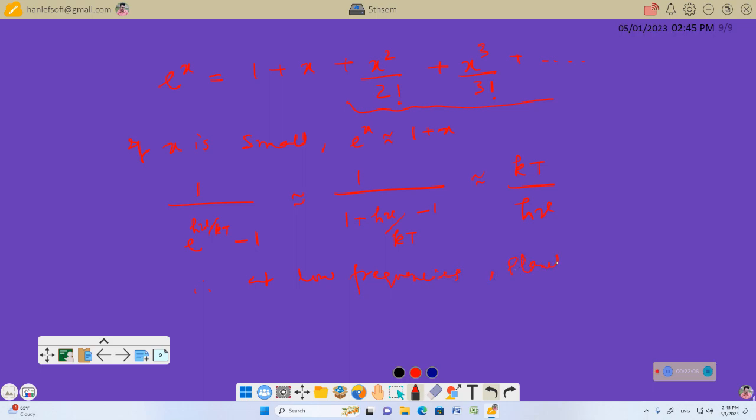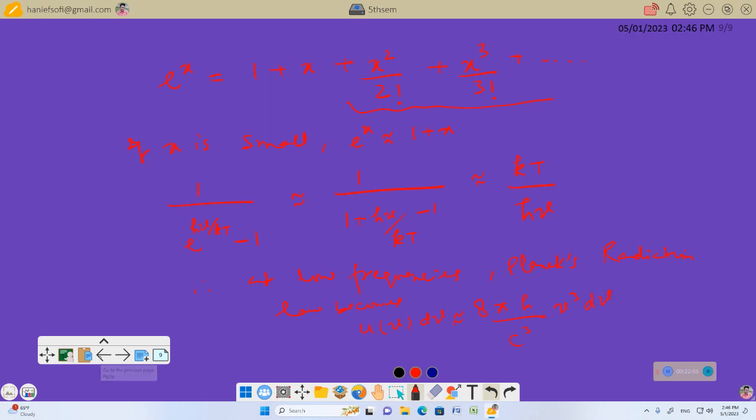Planck's radiation law becomes u nu d nu equals 8 pi h by c cubed, nu cubed, then there is the approximation, d nu.